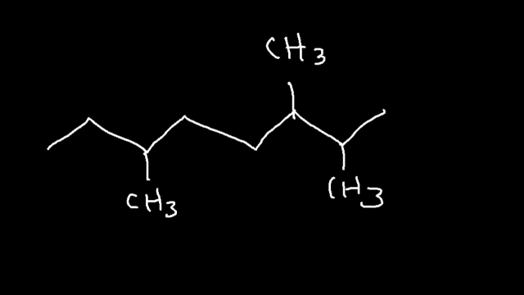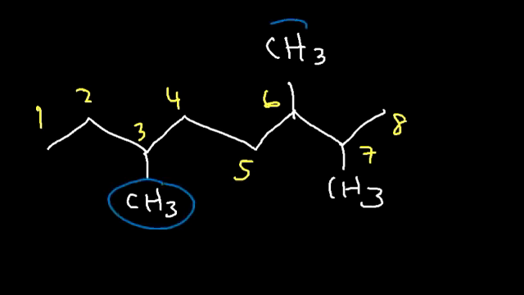Now what about this one? How should we name it? And which direction should we count it? Should we count it from left to right? 1, 2, 3, 4, 5, 6, 7, 8, or should we count it the other direction? If we go from left to right, the methyl groups will be on carbon 3, 6, and 7.